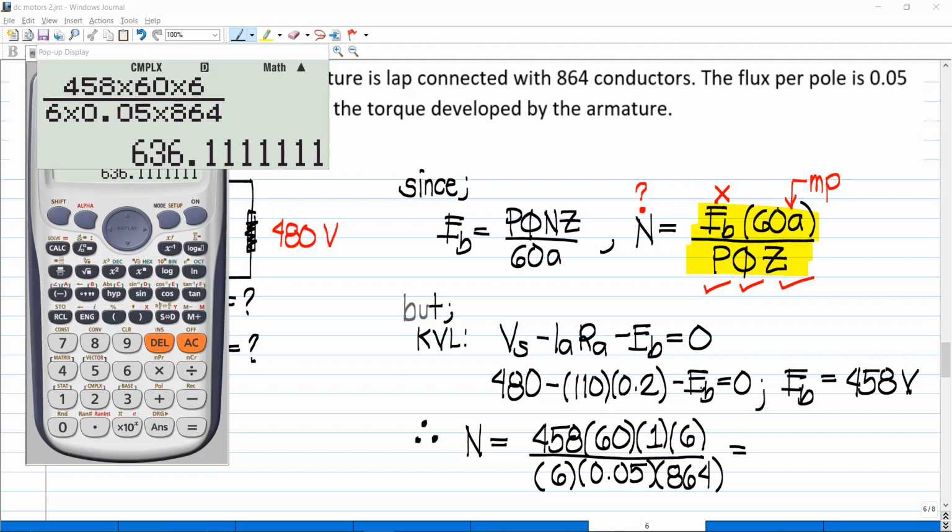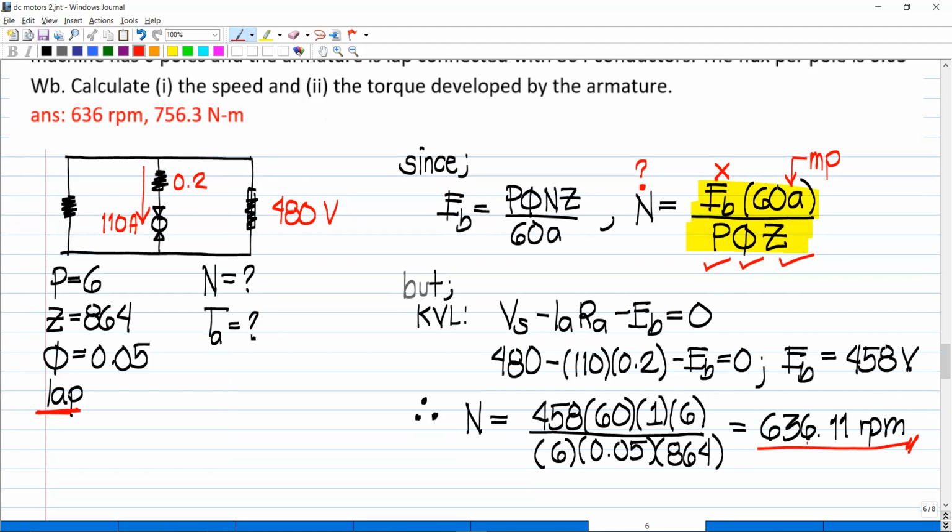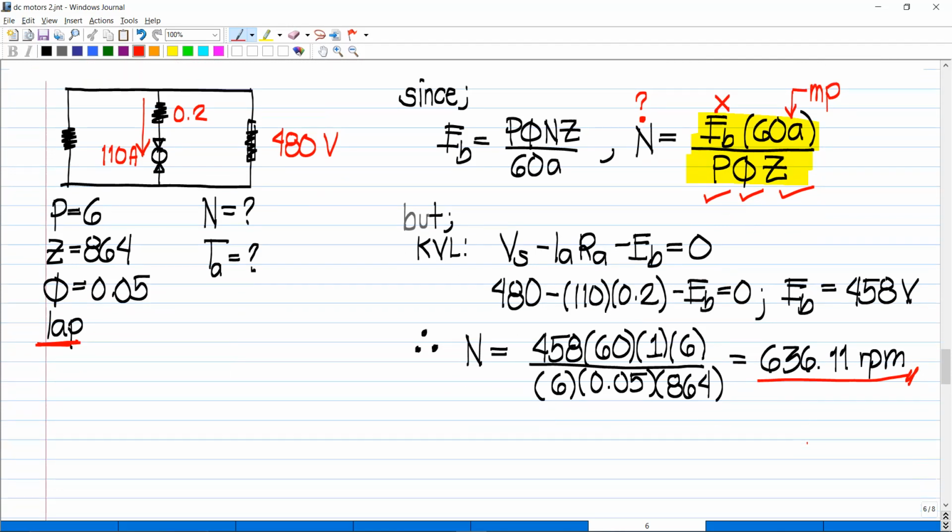So the speed is 636.11 RPM. And that proves our key answer, the RPM. So let us proceed now to the second question. What is the torque?